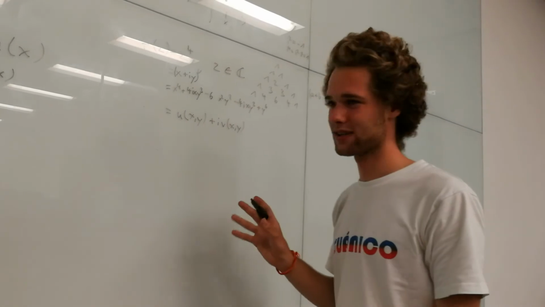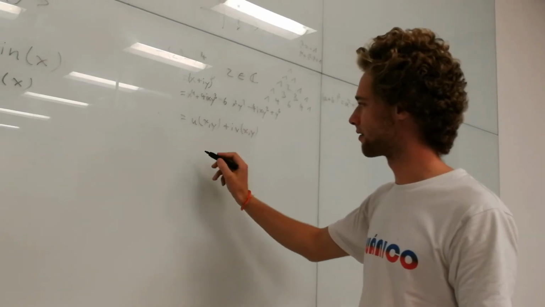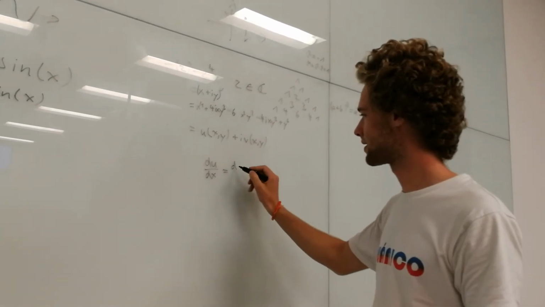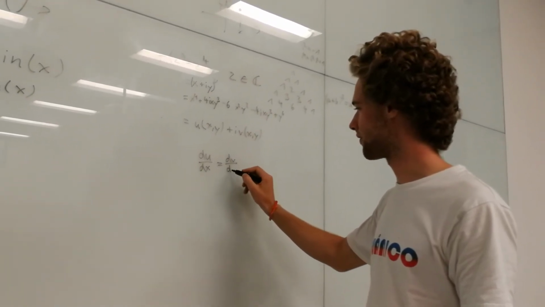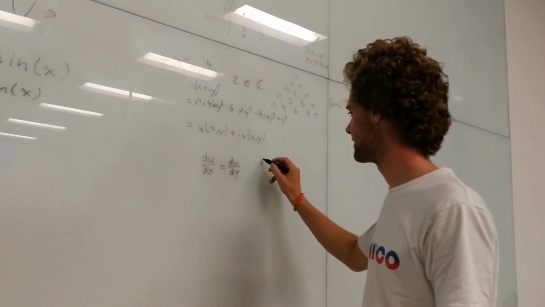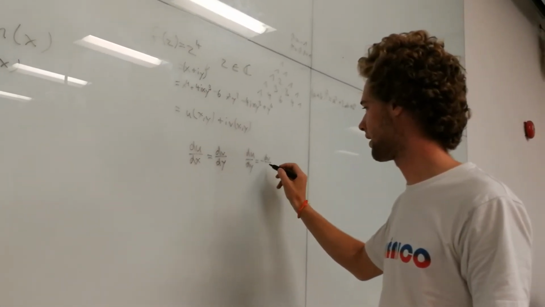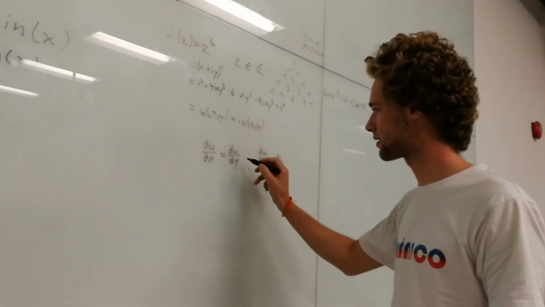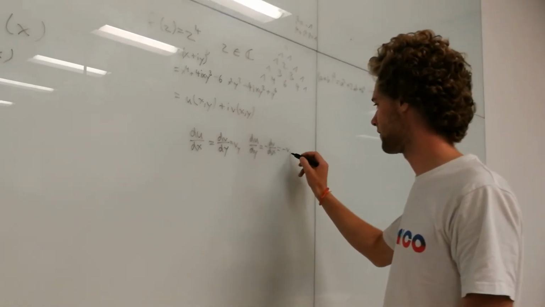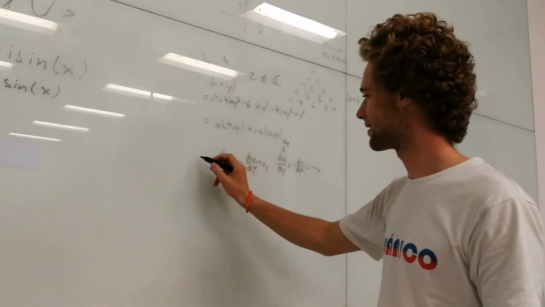And Cauchy, the great French mathematician, found out that a function is analytic if the derivative of u in terms of x equals the derivative of v in terms of y, I believe, and then du in terms of dy is just minus dv dx. And then we can rewrite this in a short form. This is vy, this is minus vx, this is uy, and this is ux.